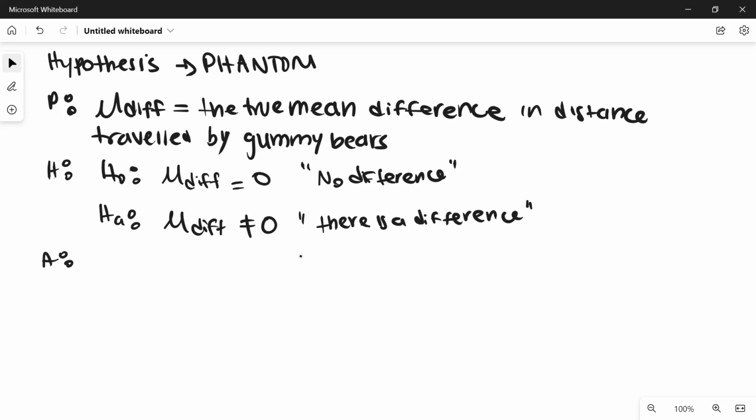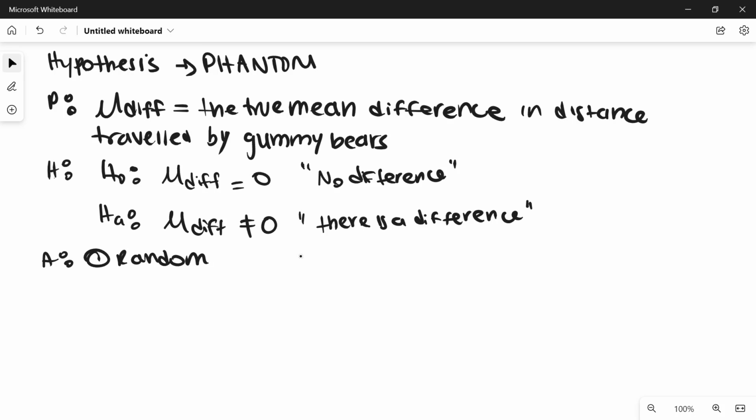Assumptions, you can think of them as conditions that you have to check before conducting a hypothesis test. Even if the conditions aren't met, in AP Stats at least, you still have to continue with the hypothesis test and just say proceed with caution. For number 1, the first condition is that the samples have to be random.